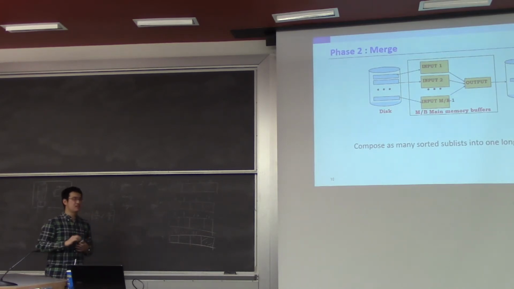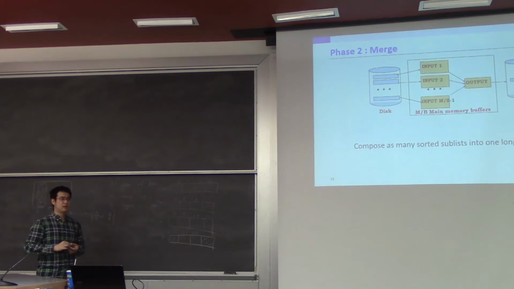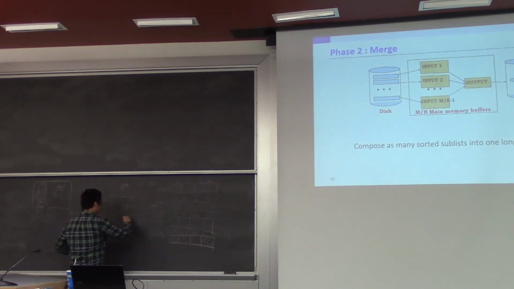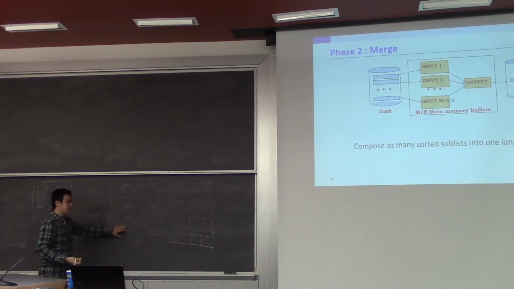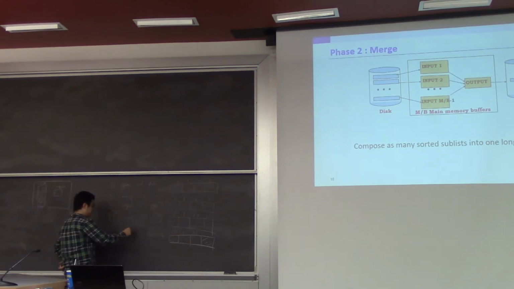So in this case, actually, we will use a heap, a min heap. We can use a data structure called a heap. What's a heap? It's basically a tree structure. It's defined as this. So for a heap to be a heap, first it's a binary tree, okay? And each node here is a number you want to compare.